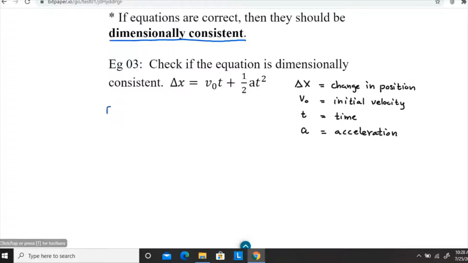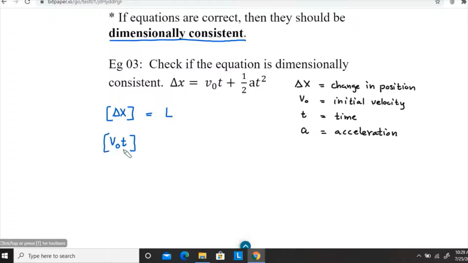Let's look at the dimensions of the first term, delta x, which is a change in position. As you know, a change in position is a distance, or in other words, length. So the dimensions would be L to the power 1, but I'm not going to write the exponent 1. I'll simply write L.